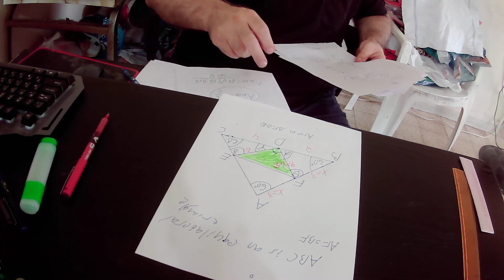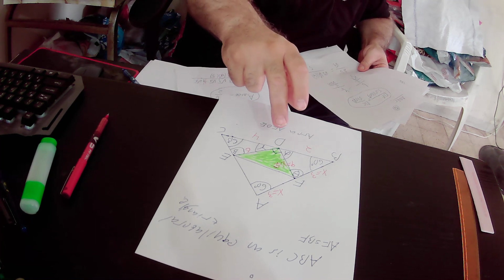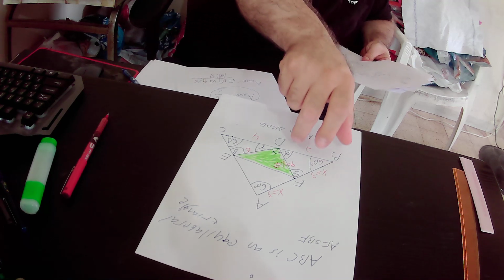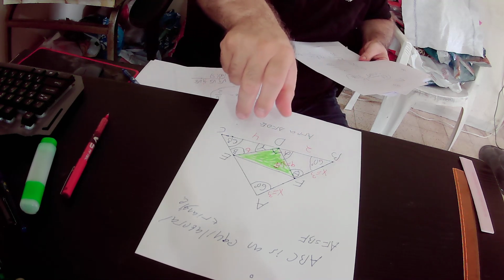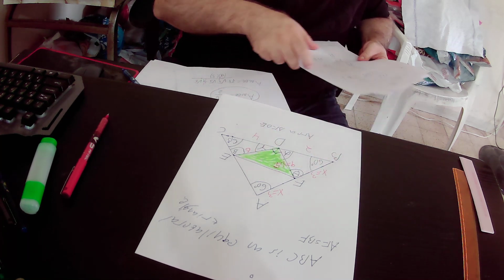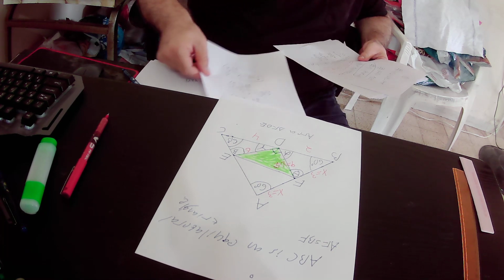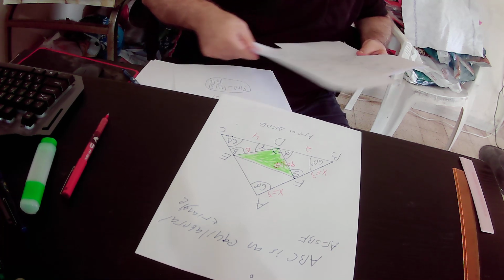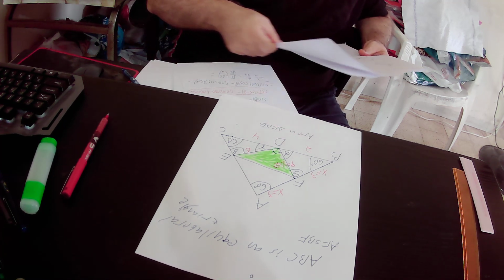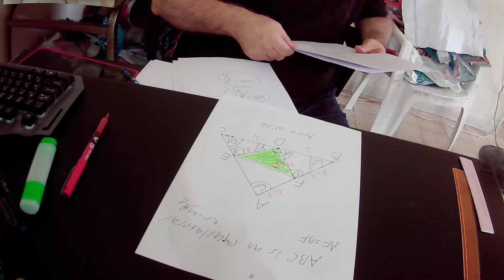We have triangle ABC that is an equilateral triangle, and we know that BD equals 2 units, DC equals 4 units, and AF equals BF. And we want to find out the area of the green triangle FDE.